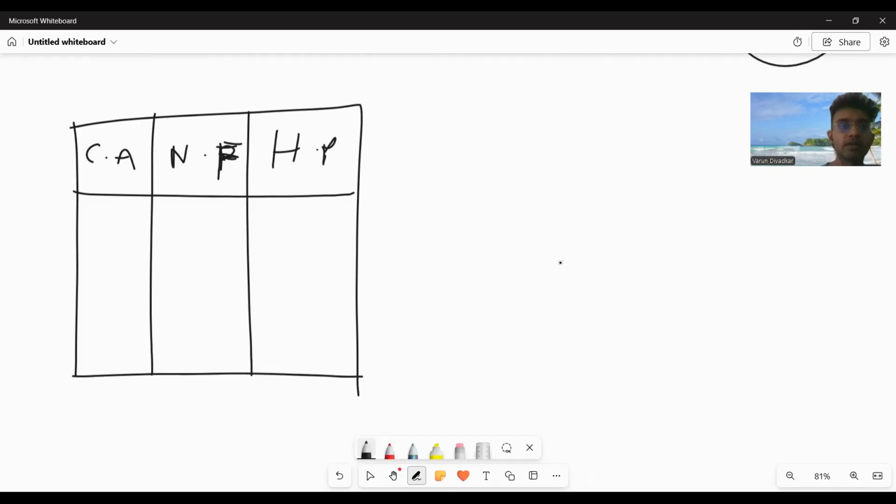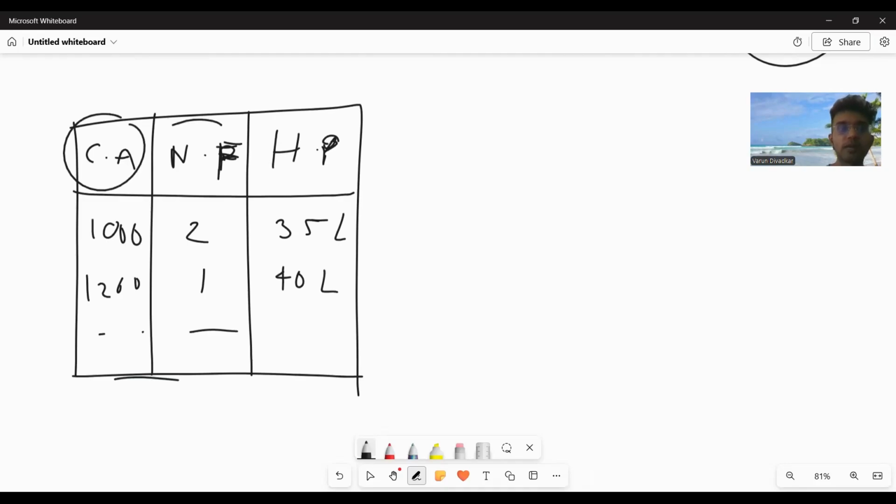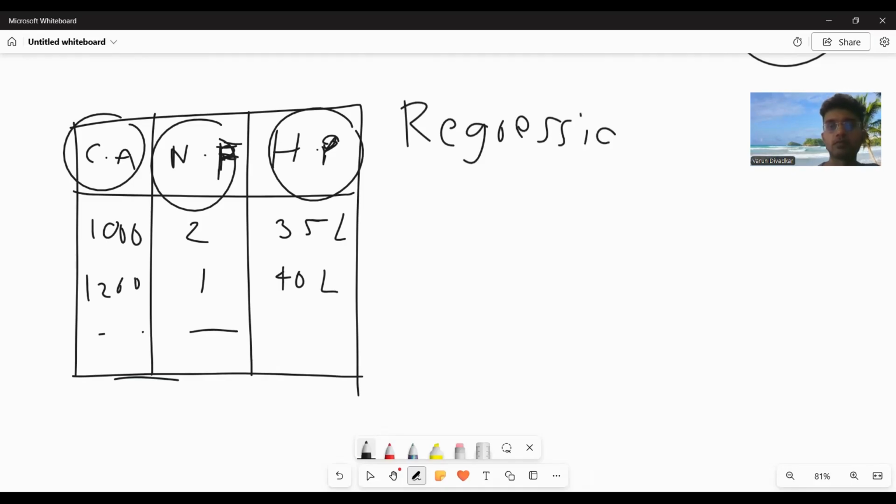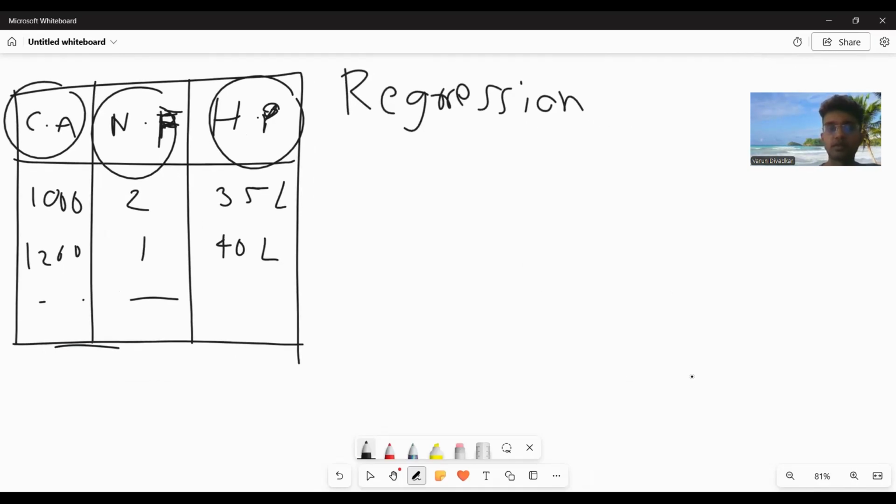So the carpet area is, say, 1,000 square feet and the number of floors is 2, and the house price is supposed to be, say, 35 lakhs. The carpet area is, say, 1,200 and the number of floors is 1, and the house price is supposed to be 40 lakhs, so on and so forth, right? Based on these two parameters, you're deciding what the house price is. That's a typical regression problem. So how do you go about this now?